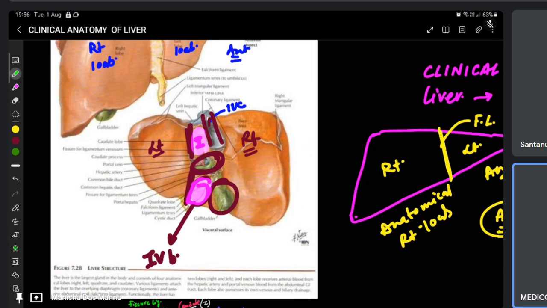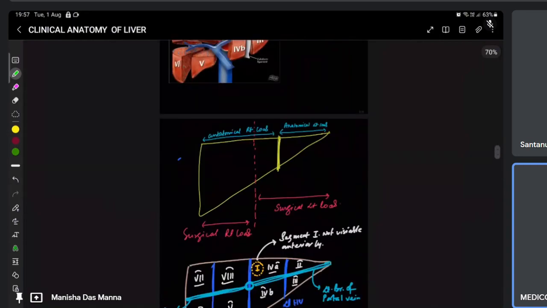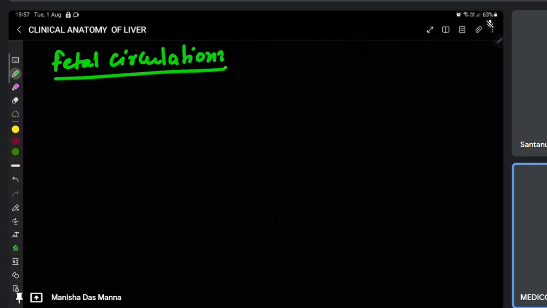So just a quick schematic view of the fetal circulation.